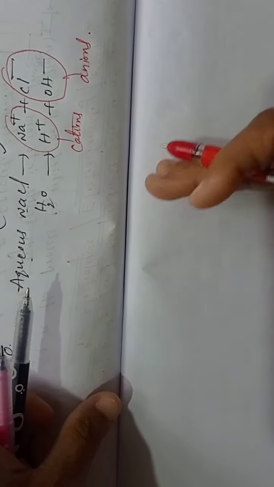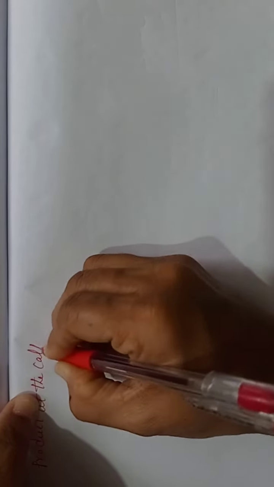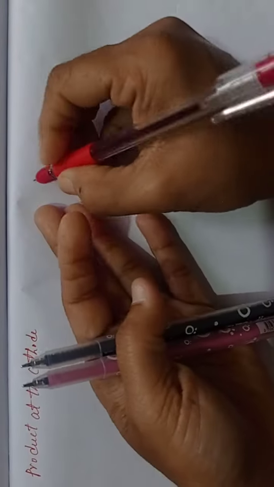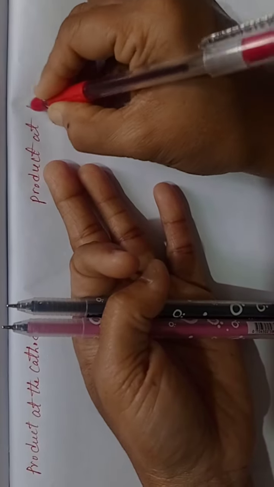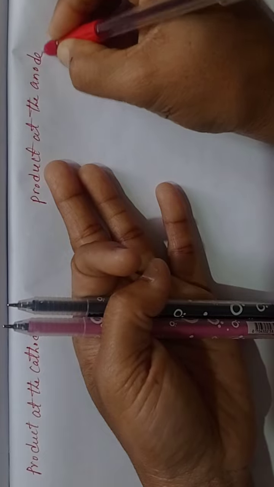First of all, the product obtained at the cathode, and then the product at the anode.